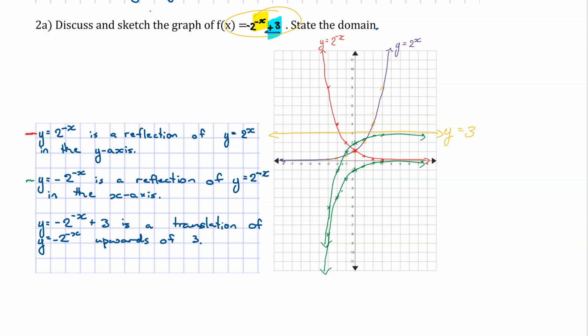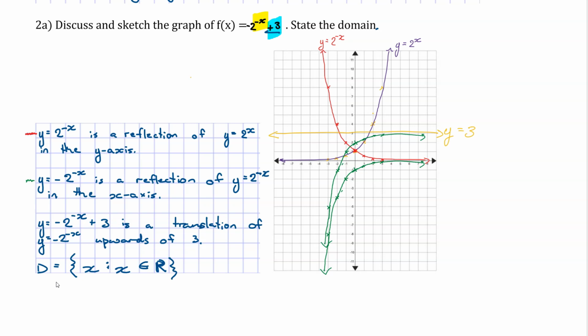Now, the question's not over yet because it's asking us to state the domain. The domain for this particular function is the values of x, so D is equal to x, where x is all real numbers.